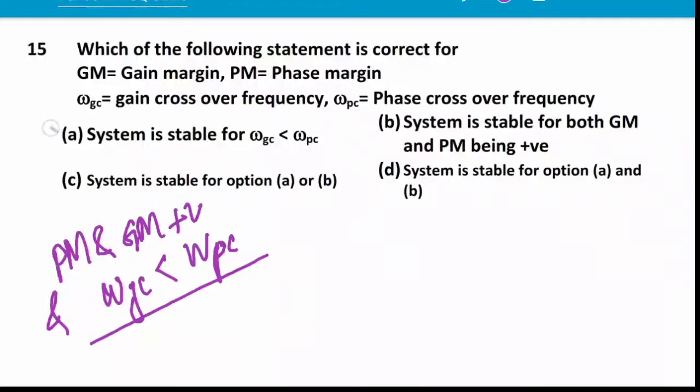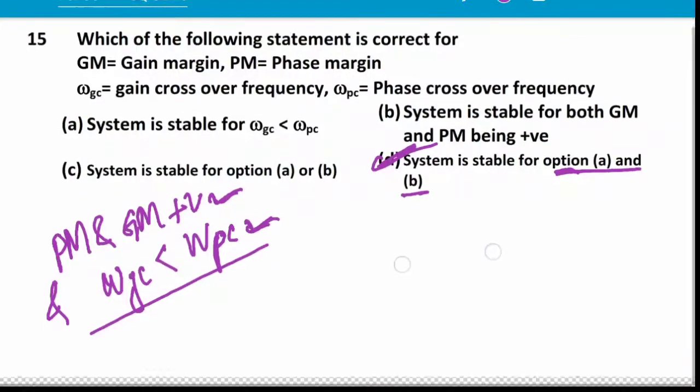So both A and B are correct, and option D will be correct, that is, the system is stable for option A and option B. If only option A or only option B is satisfied, this will not be a stable system. So option D is the correct answer.